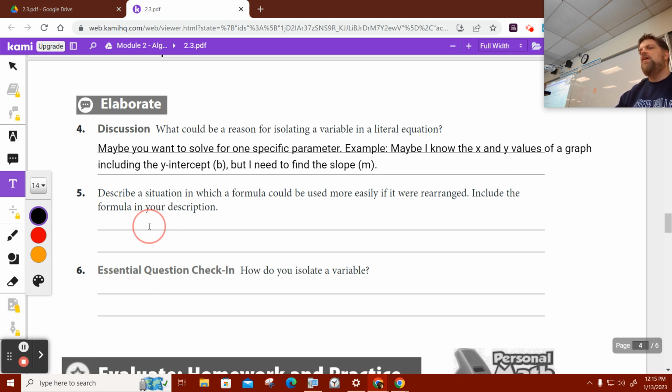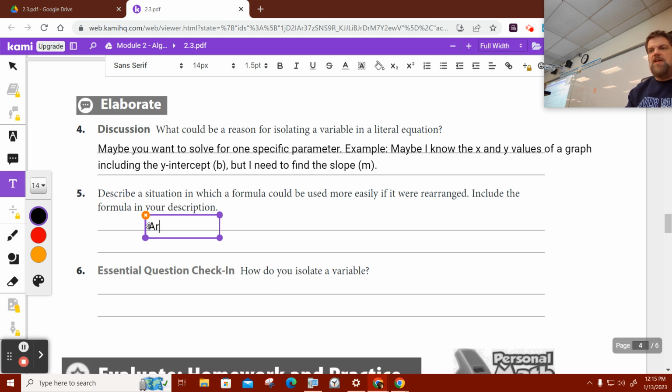How about area of a circle? So the area of a circle is equal to pi. Well, let's not do a circle just because I don't want to type pi. Let's do the area of a rectangle.